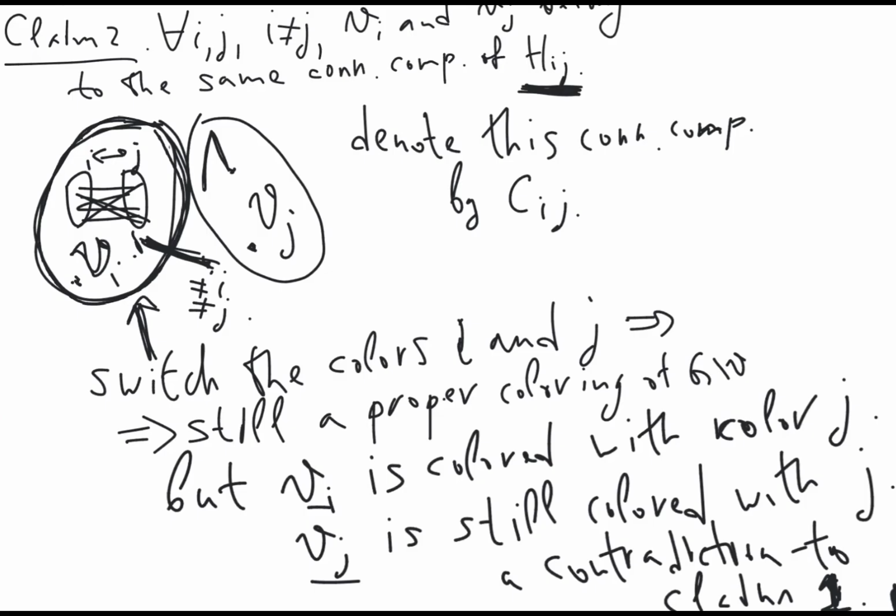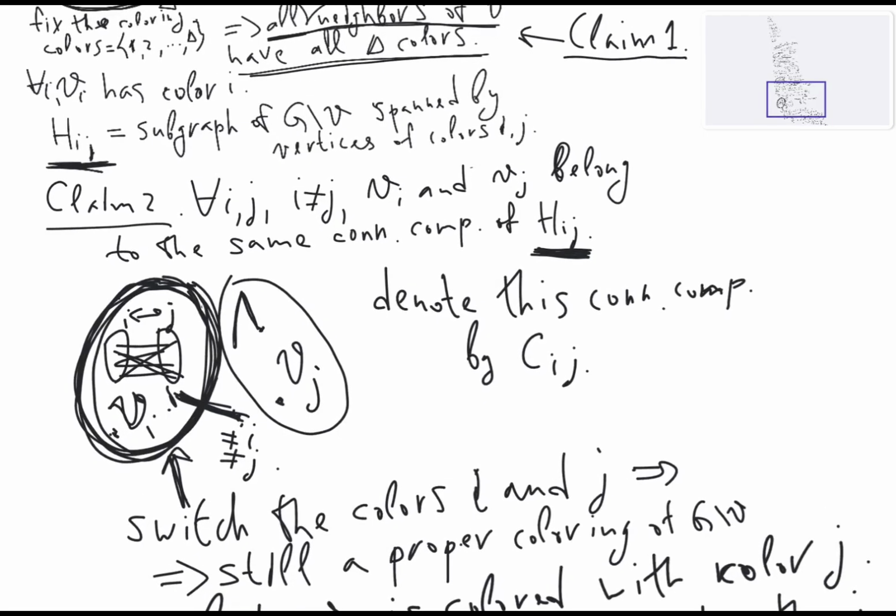The only source of the contradiction is that Vi and Vj belong to different connected components. Therefore they must belong to the same connected component of this graph, and we denote this component by Cij.